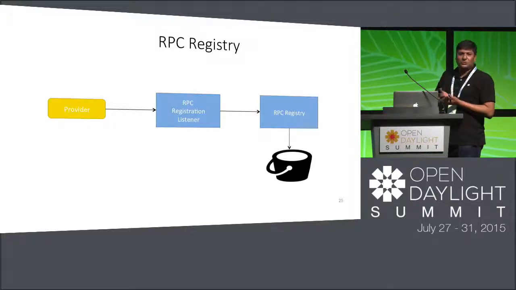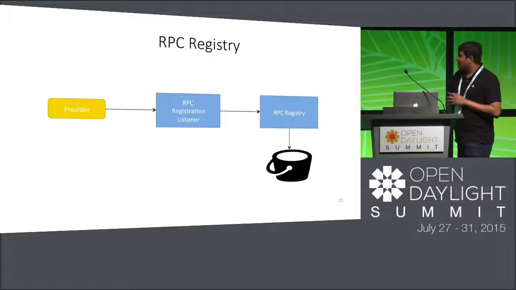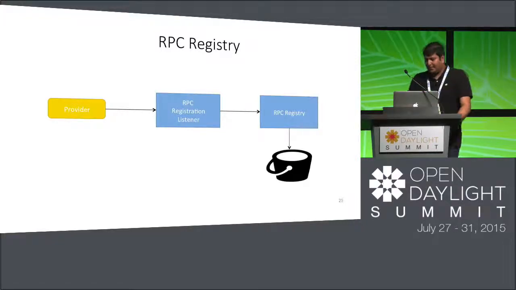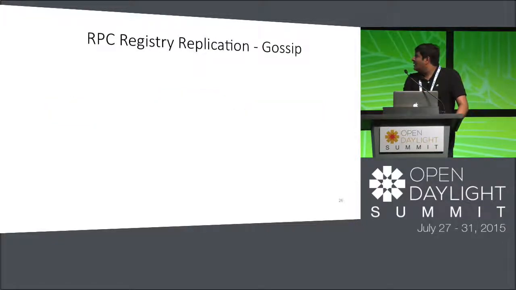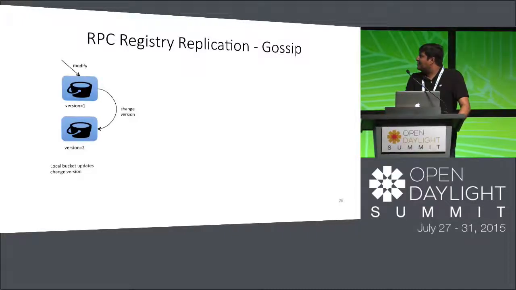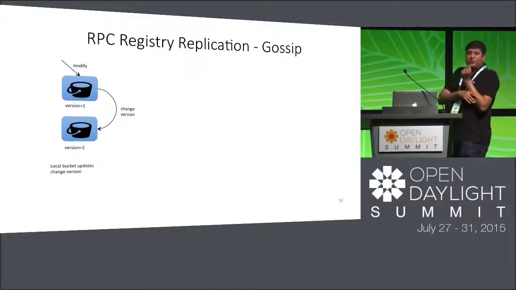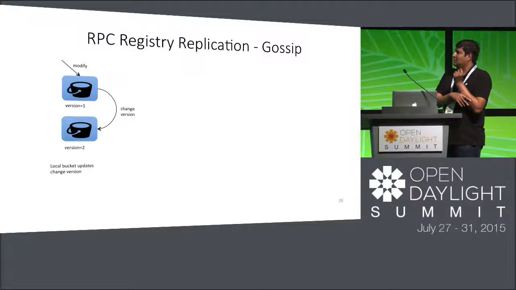Actually, other people can use it too. But anytime somebody registers an RPC, we get notified, and when we get notified, we add that information to this RPC registry, this bucket, essentially. And this bucket is what gets replicated. Now the RPC replication uses a gossip mechanism where anytime something changes in this bucket, we change the version of that bucket.